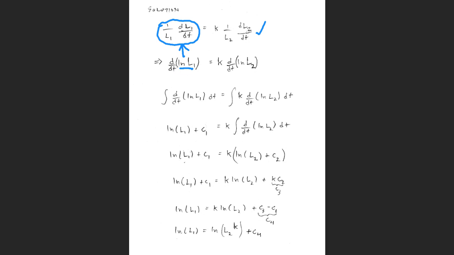Similarly, on the right-hand side, the derivative of the natural log of L2 with respect to t would equal 1 over L2, because the derivative of the log is 1 over L2, times the derivative of L2 with respect to t. So this is just the chain rule.